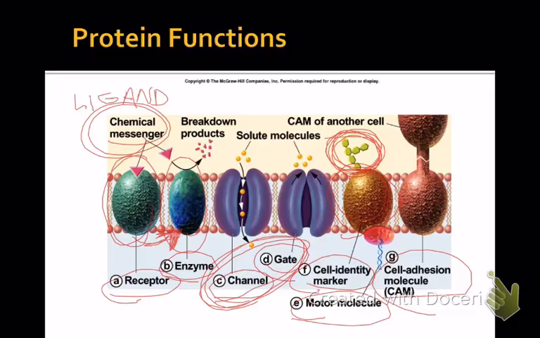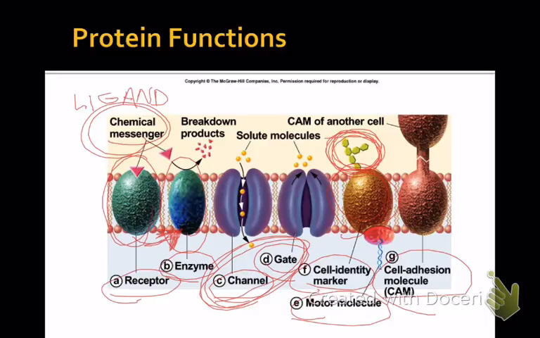Those molecular markers that determine your blood type are carbohydrates on the surface of your cells. They happen to be on the surface of your red blood cells, and also on the surface of a lot of your other cells. So you could actually scrape some cells off the inside of your cheek and use those to determine your blood type, because you have the same markers on those cells, okay?